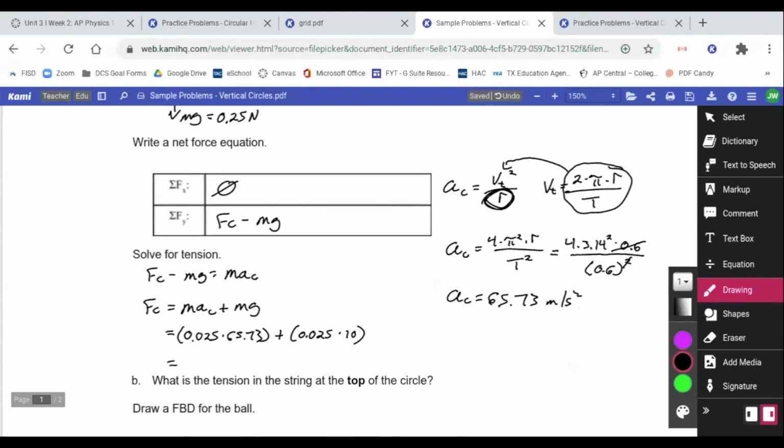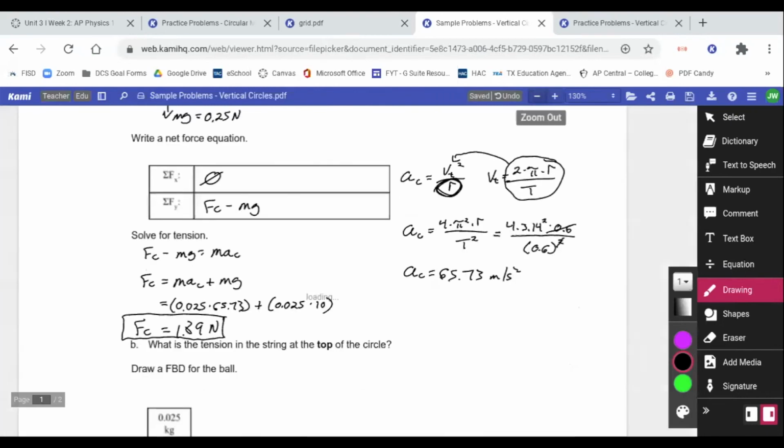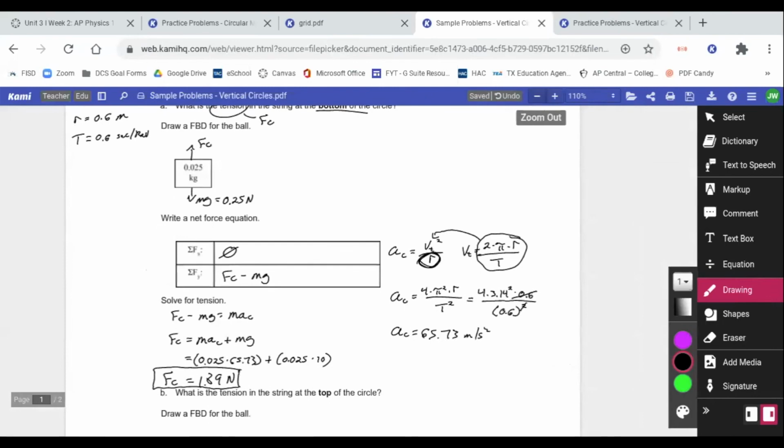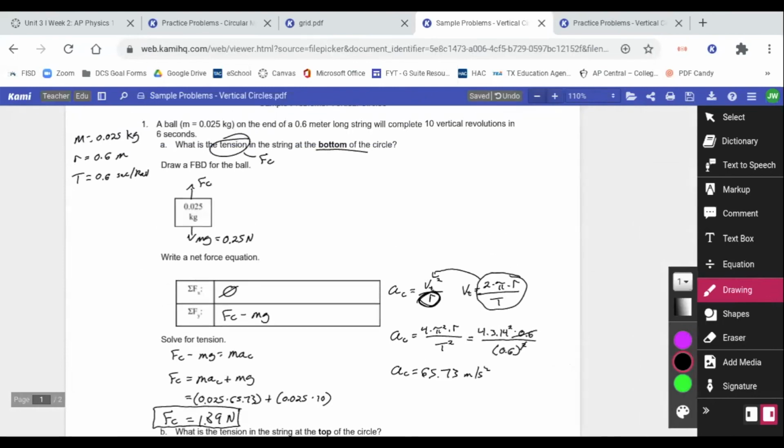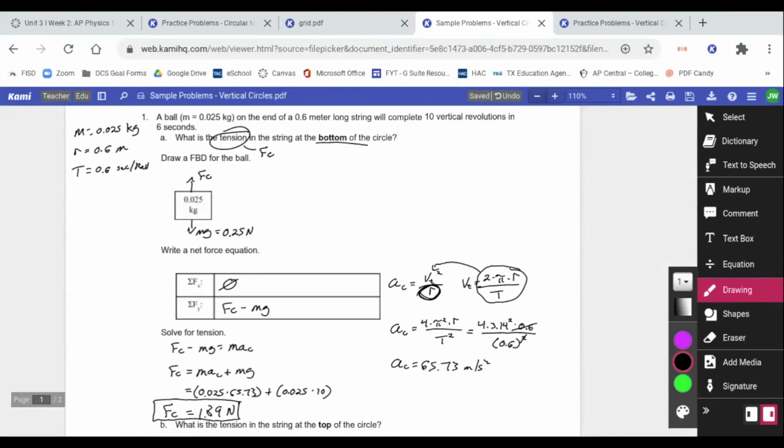When I do that math, I get 0.025 times 65.73 plus 0.25, which is 1.89. So that's my work on this one.